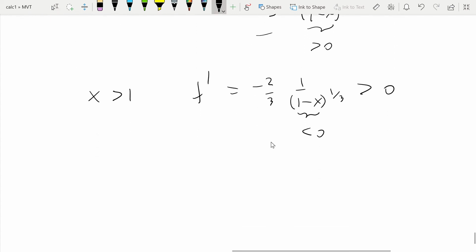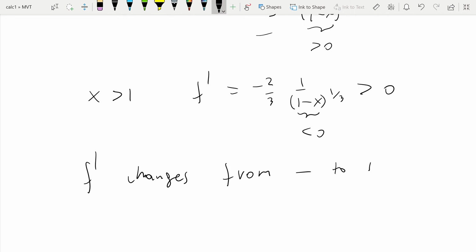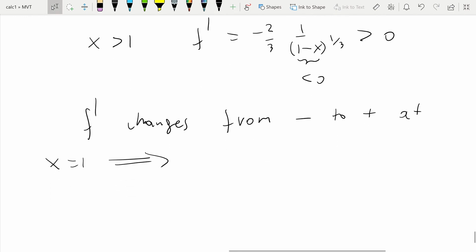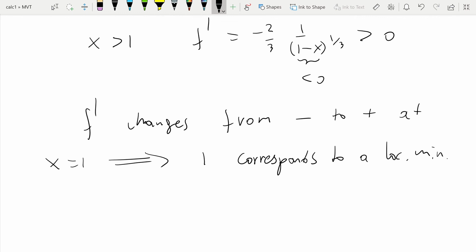So f prime changes from minus to plus at x equals 1. That implies that 1 corresponds to a local min.